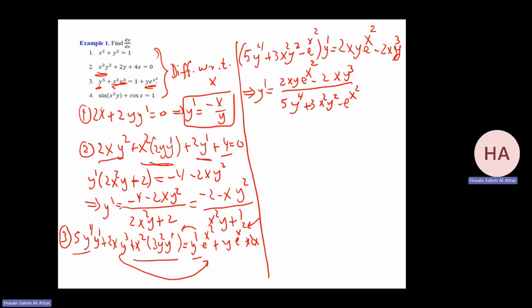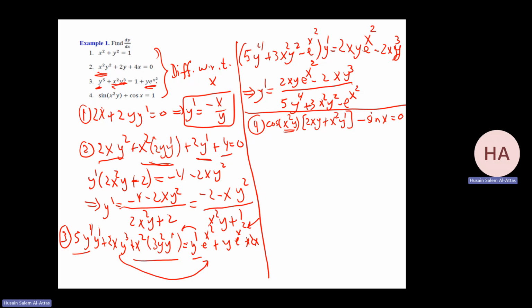Now the fourth one. What is that? I have sine of a function. So that will be cosine of the function, which is x squared y, times derivative of this. That will be 2xy plus x squared, derivative of y, which is y prime, minus sine x equals 0.